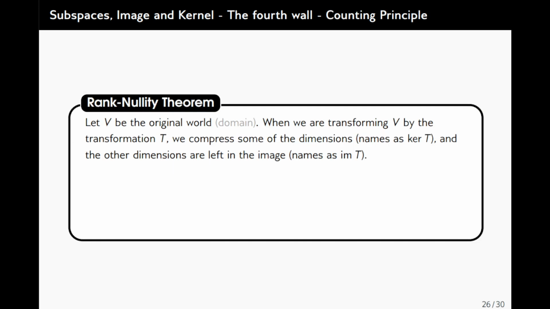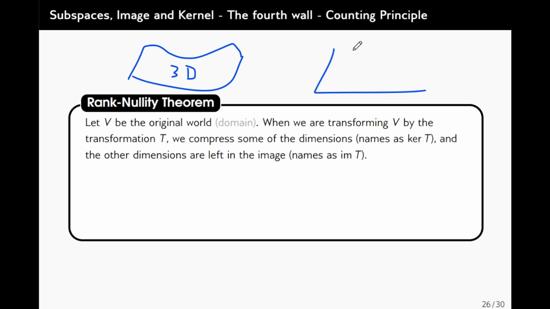So, the rank-nullity theorem. Okay, let's see. Now you have a 3D space. If you are drawing a map, then in fact you are sacrificing one dimension, right? And then you will have a two-dimensional map. Easy, right?